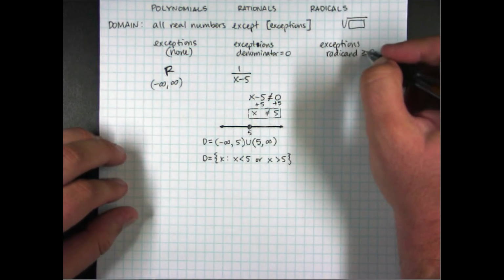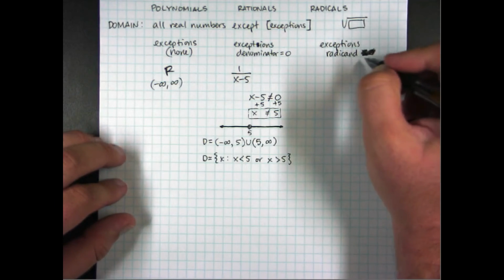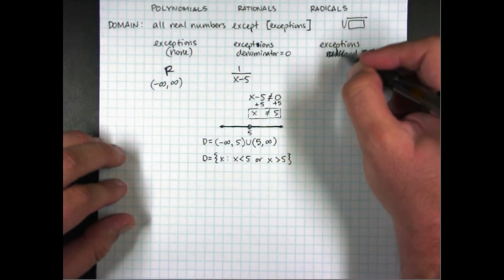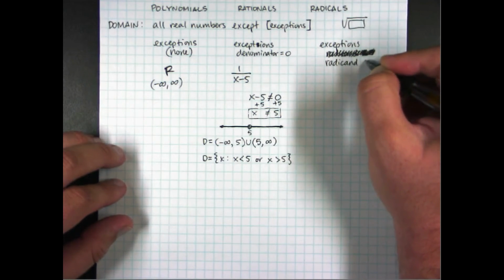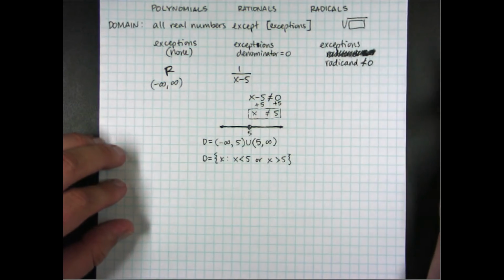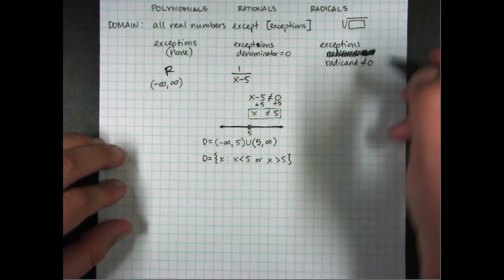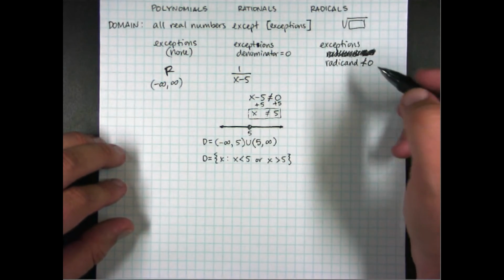So I guess I would not want to write the radicand greater than or equal to 0, because that's not the exception. I would say the exception would be that the radicand cannot be less than 0. Potato, potato. I'm just trying to be precise in my words.